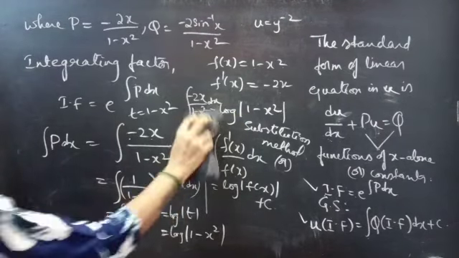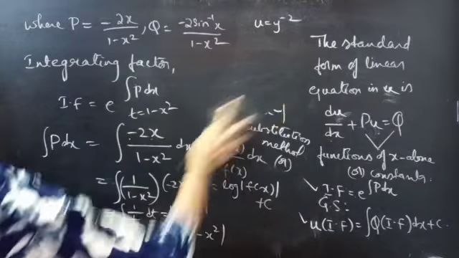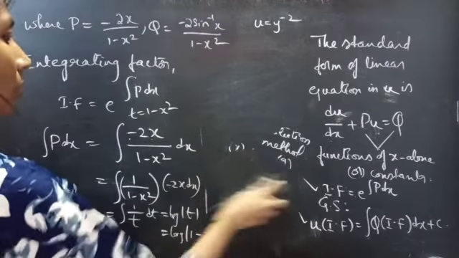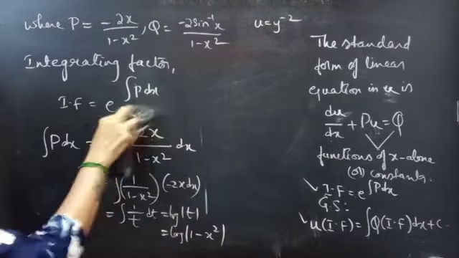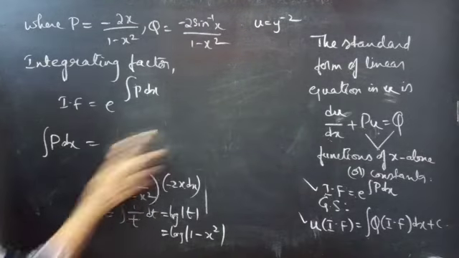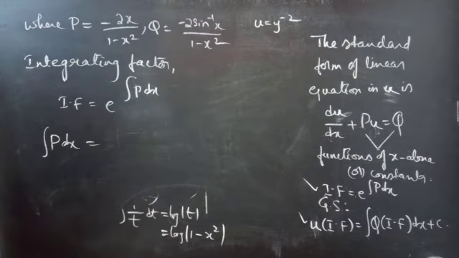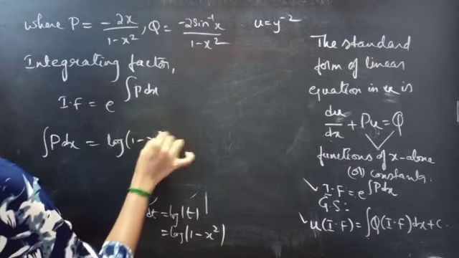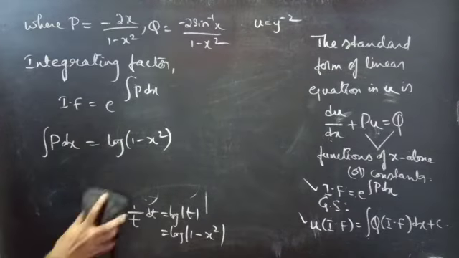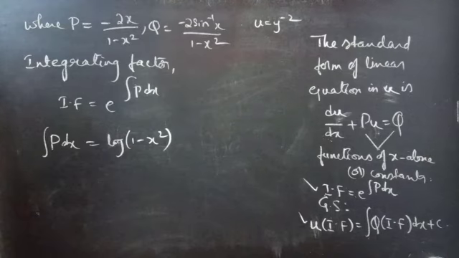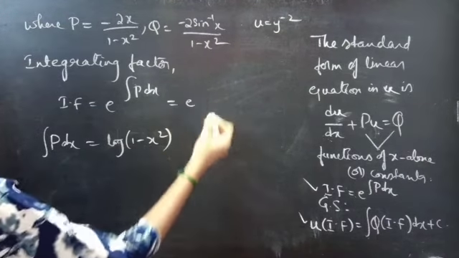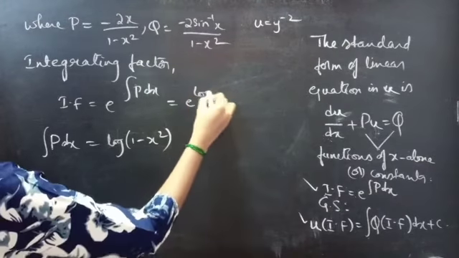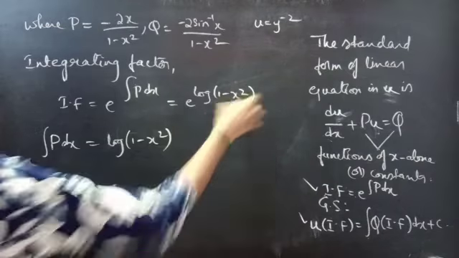Now finally you'll get integral p dx equals log mod 1 minus x square. So the integrating factor becomes e power log 1 minus x square.